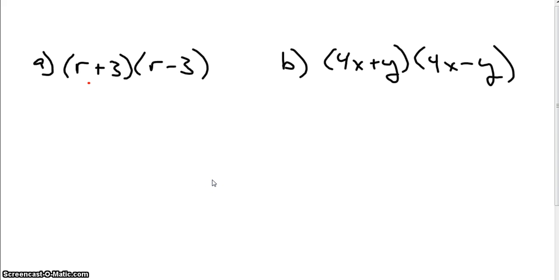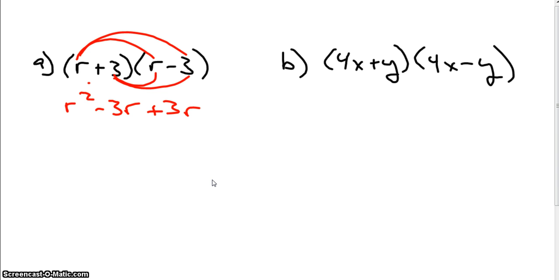So, let's try A and B here. So let's go ahead and FOIL so we can see this again. And when we do, Selena, what do we get? Three times negative, negative 9.